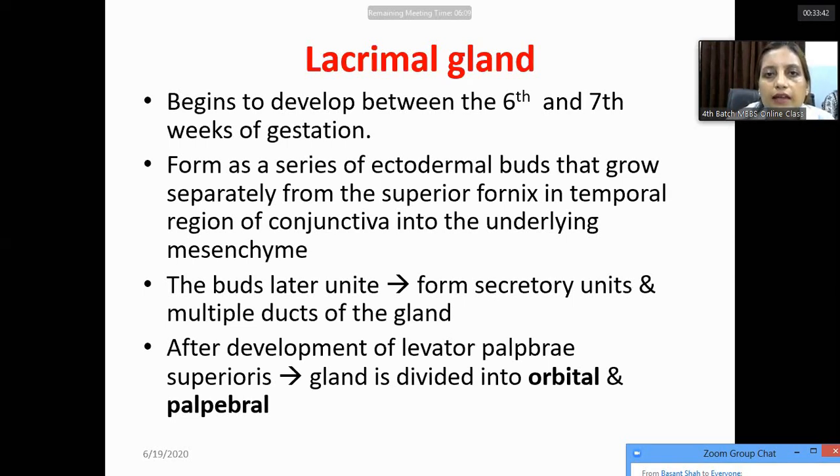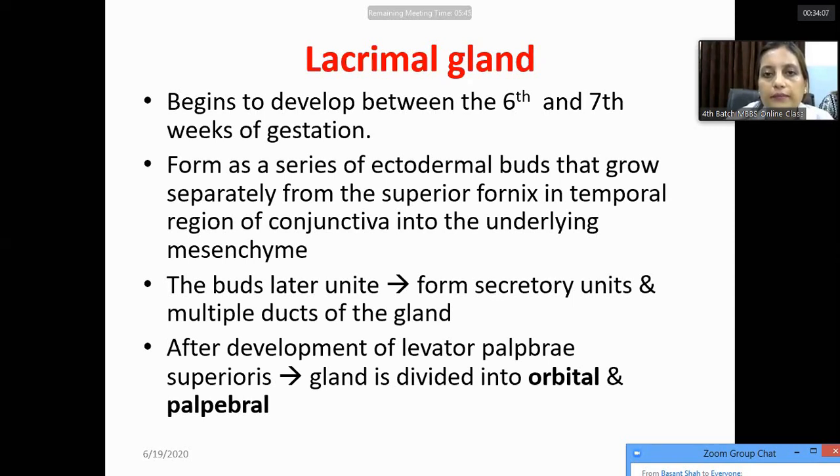And the lacrimal glands also begin to develop between the 6th and 7th week of gestation and form as a series of ectodermal buds that grow out from the superior fornix in the temporal region of the conjunctiva into the underlying mesenchyme. So in the conjunctiva we have the superior fornix and the inferior fornix.